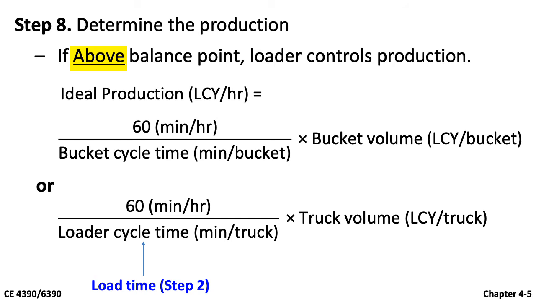So in this equation, the loader cycle time refers to the total load time per truck as found in step number 2, and the truck volume is the actual load volume. It is not the truck capacity. The load volume is found in step number 1.